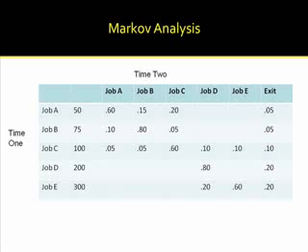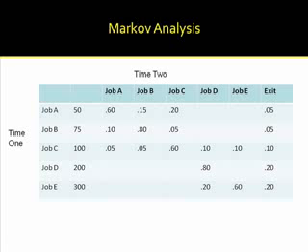First, let's describe what we have in this matrix. We have a simple matrix that has 5 job states at time 1 and 6 at time 2, because there is the possibility that an individual will leave the organization. If we look at the cell of the matrix, which is the intersection between job A and job A, we see that the entry there is 0.6.